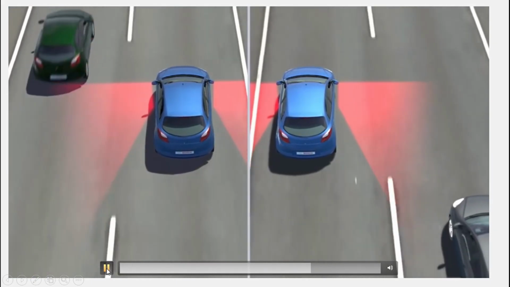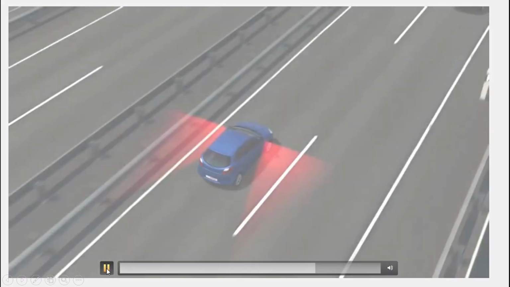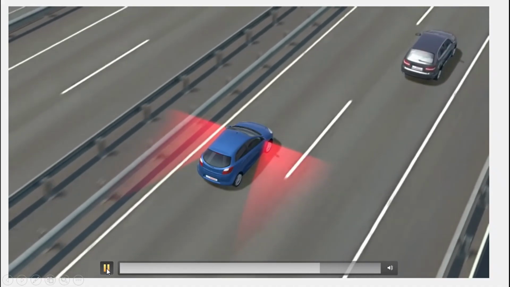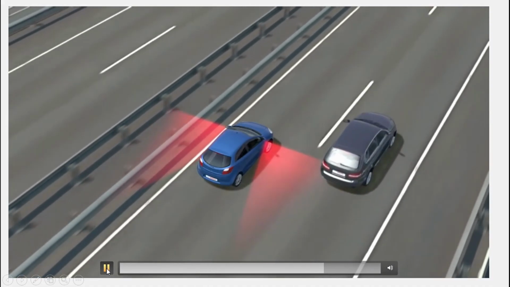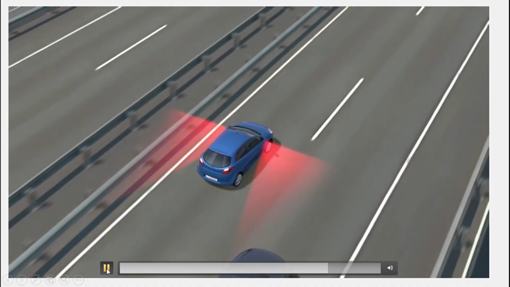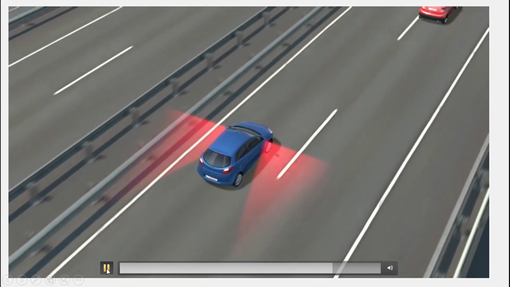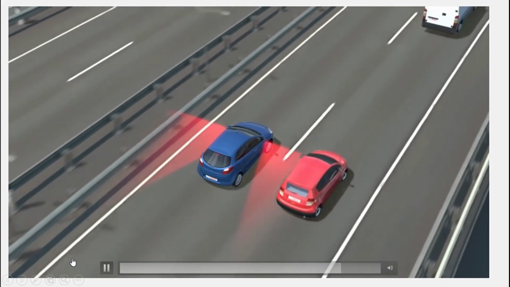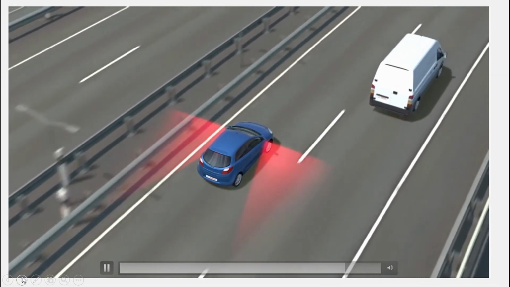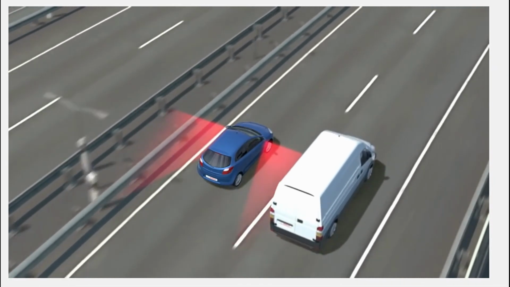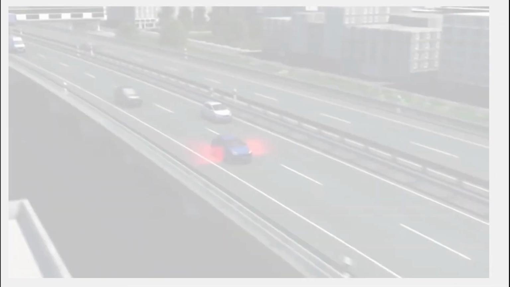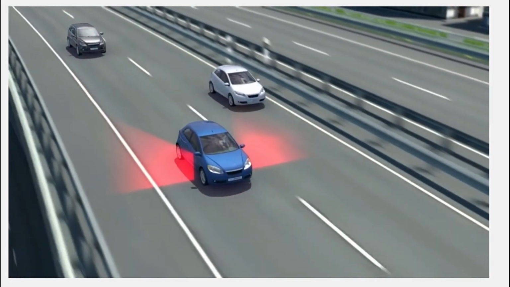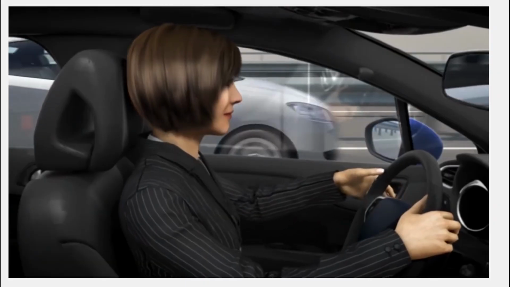Warnings are only given for vehicles that pose a potential risk during lane change. Oncoming traffic, road infrastructure, and vehicles being speedily overtaken are recognized by the system, but do not trigger a warning. The Side View Assist from Bosch simulates to some degree the over-the-shoulder check, and thus supports the driver in safely maneuvering a vehicle through the complexities of everyday traffic.